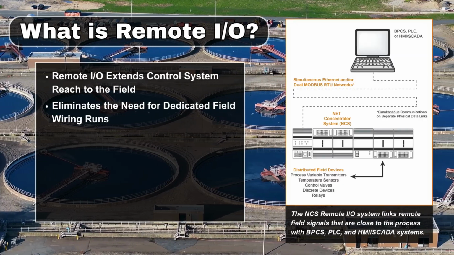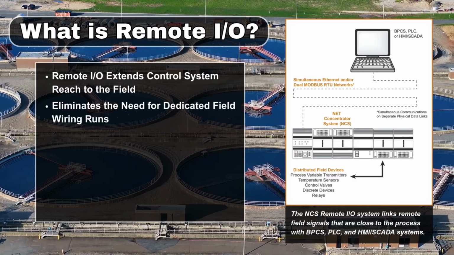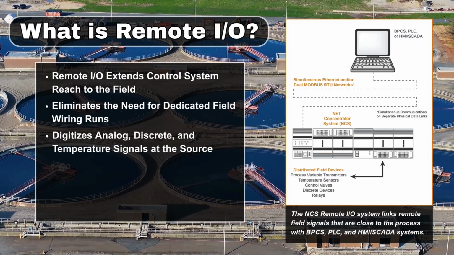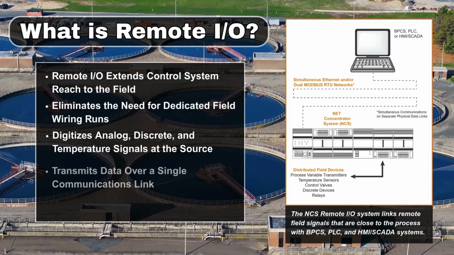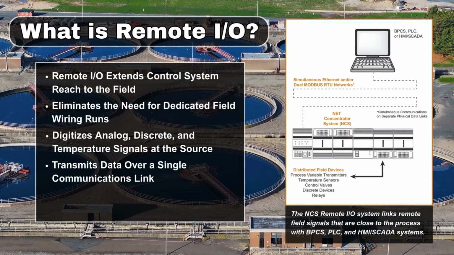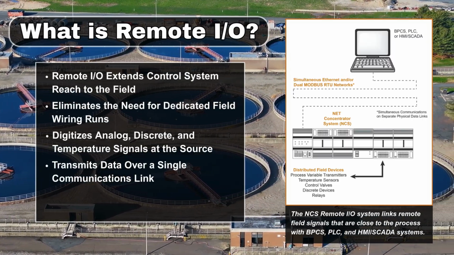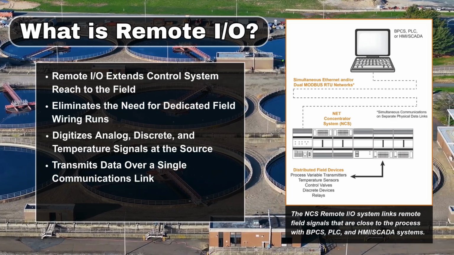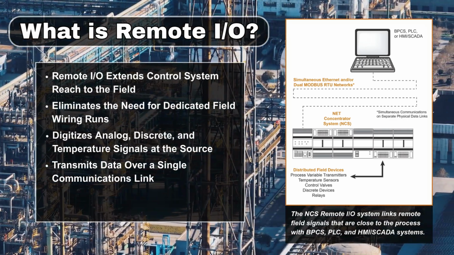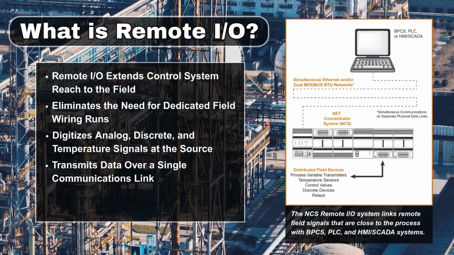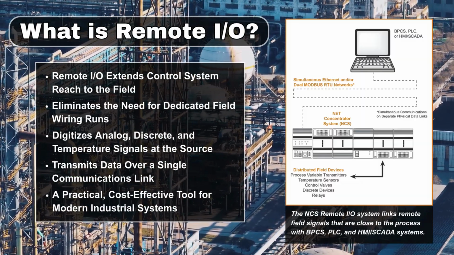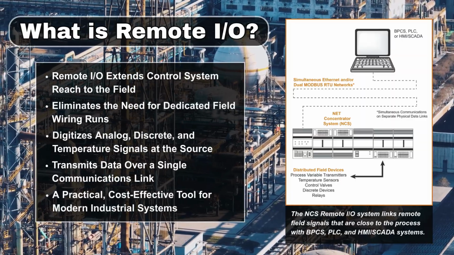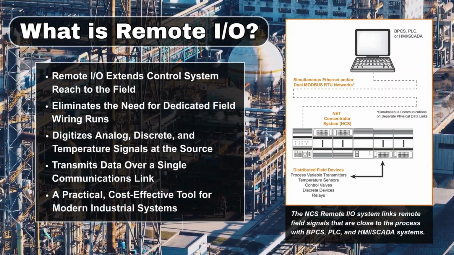Instead of dedicating a wire to every single field device, remote I/O systems digitize analog, discrete, and temperature signals at or near the source, and transmit that data back to the control system over a single communications cable or network connection. This fundamental shift in how signals are moved through a plant has made remote I/O one of the most practical and cost-effective tools available to process engineers and system integrators working in modern industrial environments.